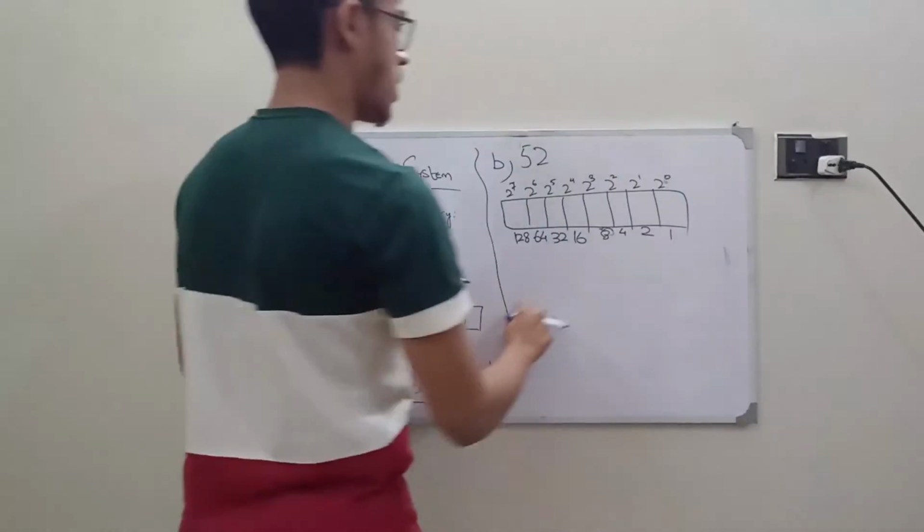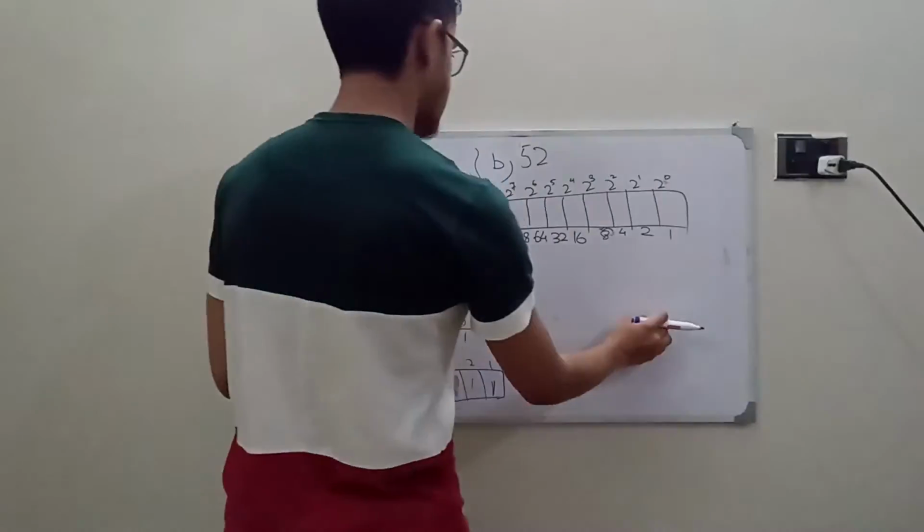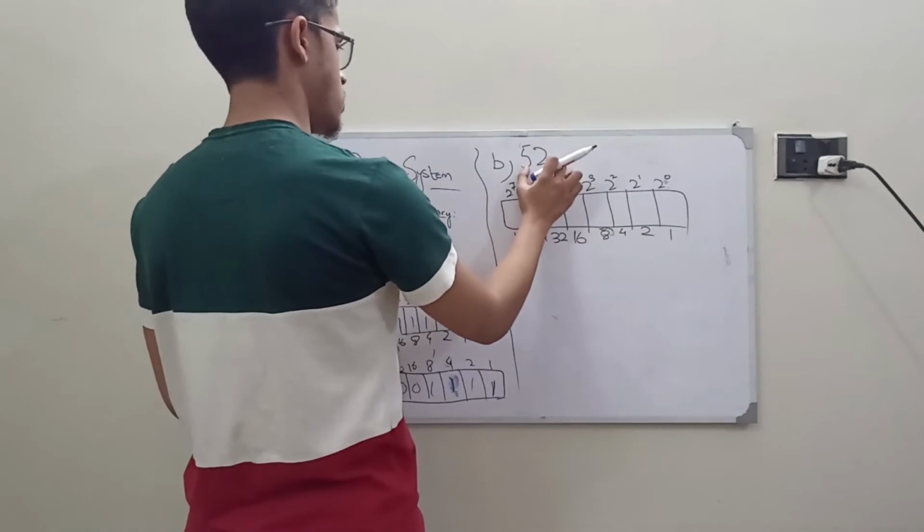I am repeating these numbers over and over again so that you can remember them much quicker. And now let's consider the example, which is 52.